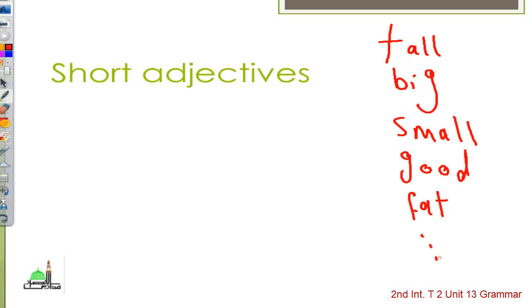All these are short adjectives. Another way you can say, they have one sound. How can I use these adjectives to make comparison?